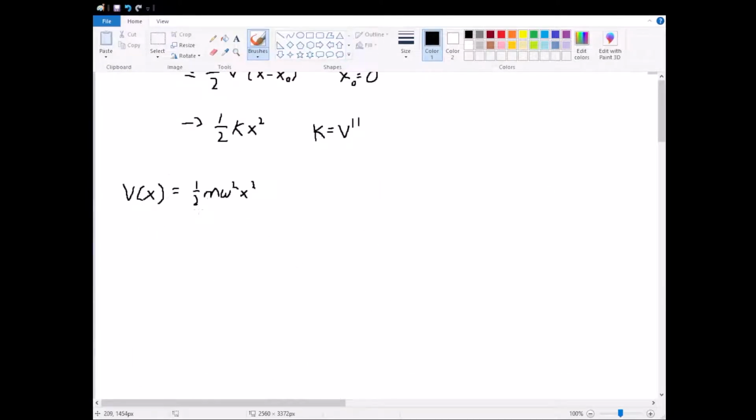So for this system, if we plug it into our Schrodinger equation, once again note that this potential is time independent, which is one of the requirements we made for separable solutions.